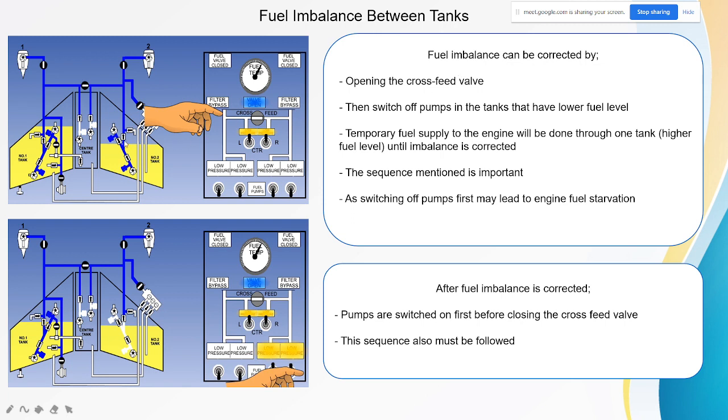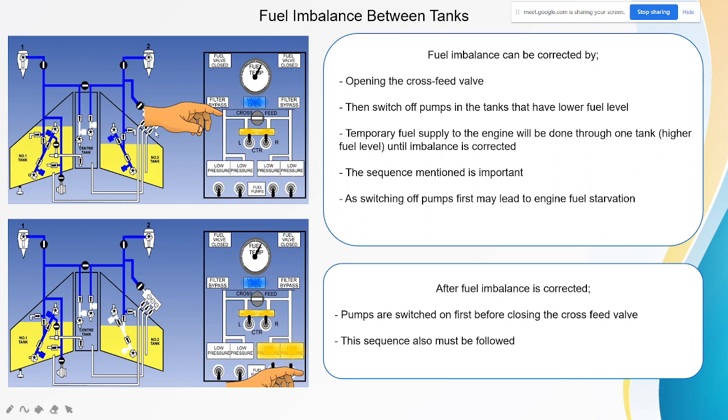So how to correct the fuel imbalance? First, we need to open the crossfeed valve to make it horizontal to allow the flow. Then switch off the pumps in the tank that has the lower fuel level. The right tank here has a lower fuel level, so the pumps here need to be turned off.